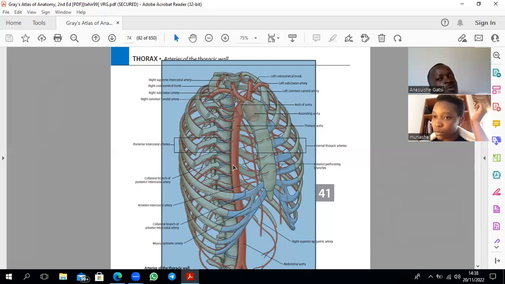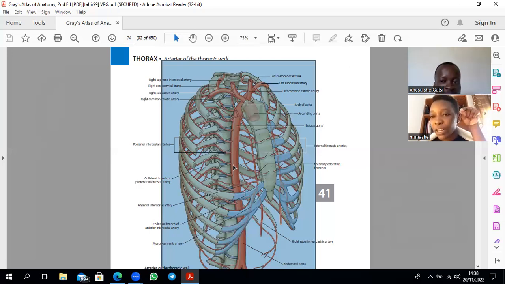Epigastric has something to do with the abdomen, so it has nothing to do with the thorax. Gastric means stomach, so we'll see it when we go to the abdomen. Musculo means muscle, phrenic means diaphragm, and the diaphragm is thorax. So the musculophrenic artery gives blood supply to the lower 5 anterior intercostal spaces.